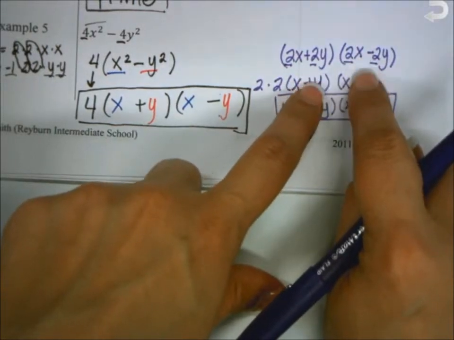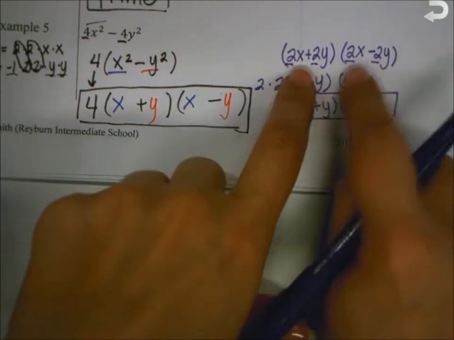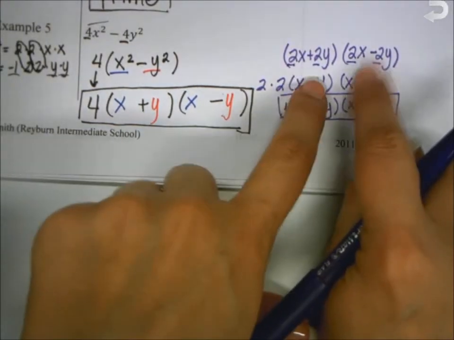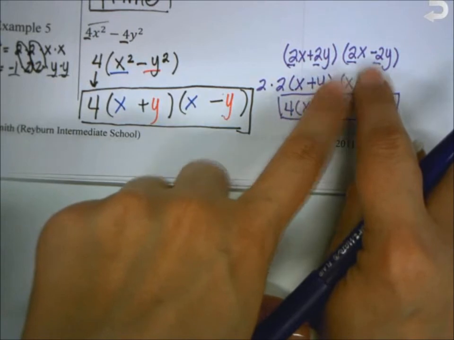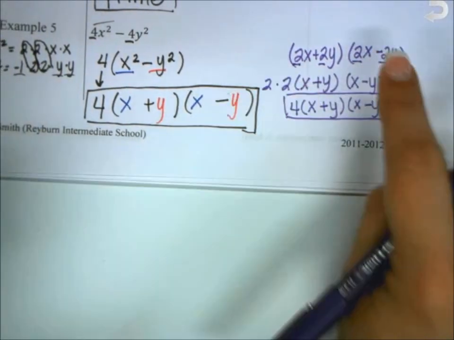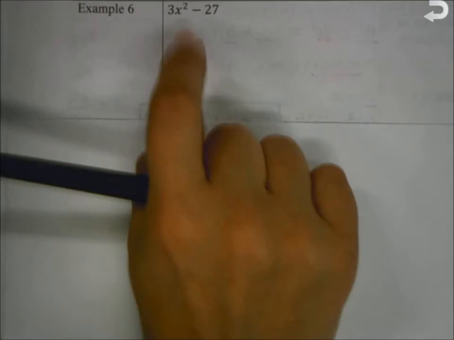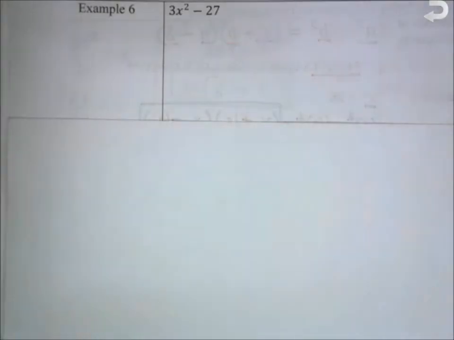Okay, example 6: 3x squared minus 27. At first glance, does this even look like a difference of 2 squares? No. Is 3x squared a perfect square? No. Is 27 a perfect square? No. But looking at it right now, do they have a GCF? Yes. The answer is yes.